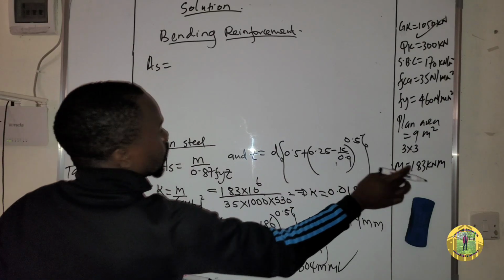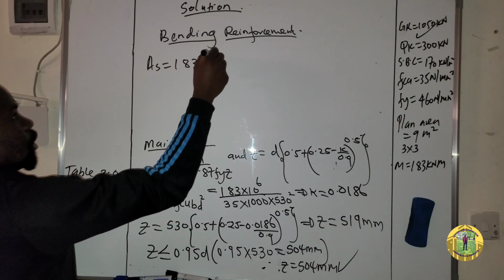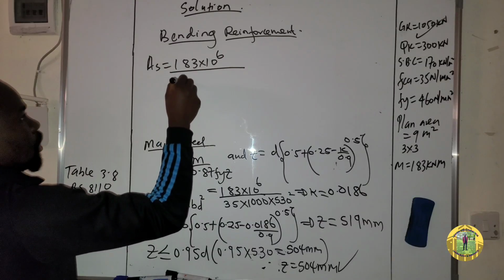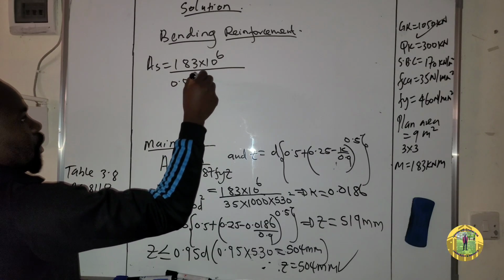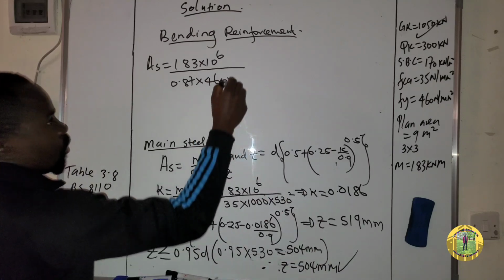M is 183 times 10 to the power 6 all over 0.87 times 460 times Z 504.